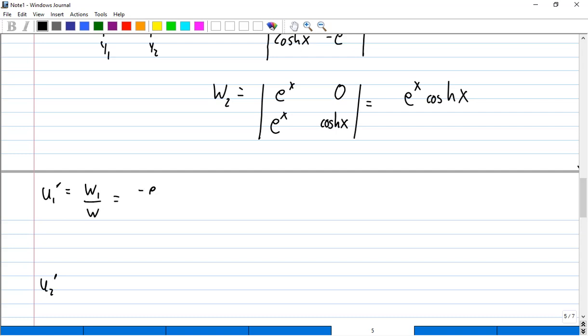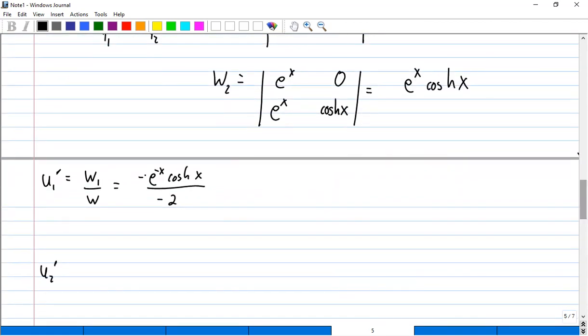So that's negative e to the negative x hyperbolic cosine of x divided by negative 2. All right, so those cancel out. And then u sub 2 prime is Wronskian sub 2 divided by the Wronskian. So that's going to be e to the x hyperbolic cosine of x divided by negative 2.